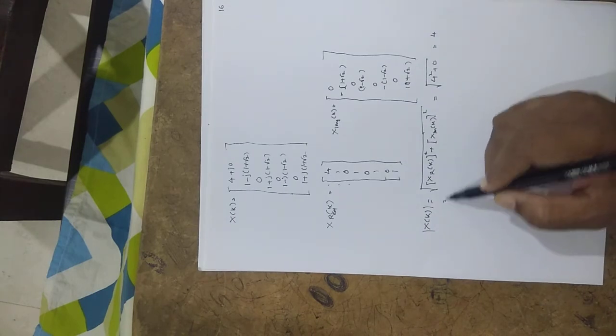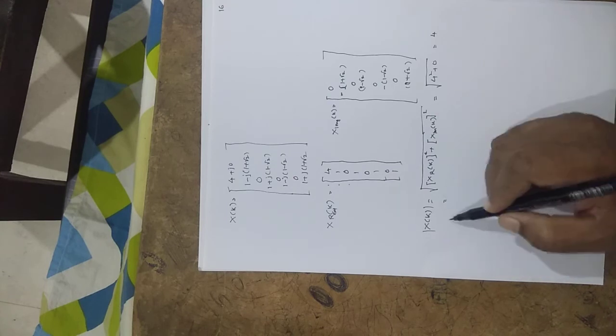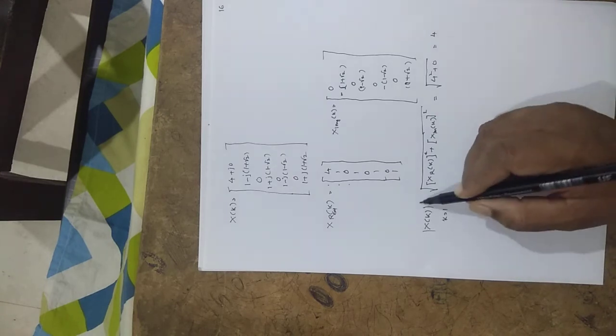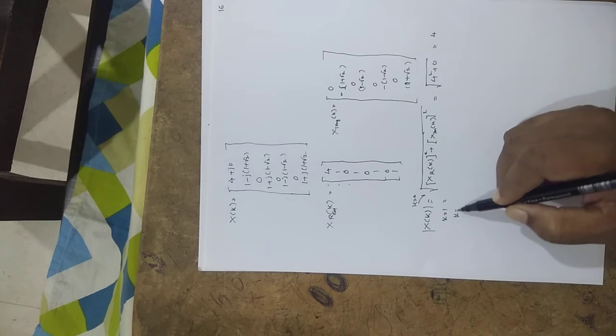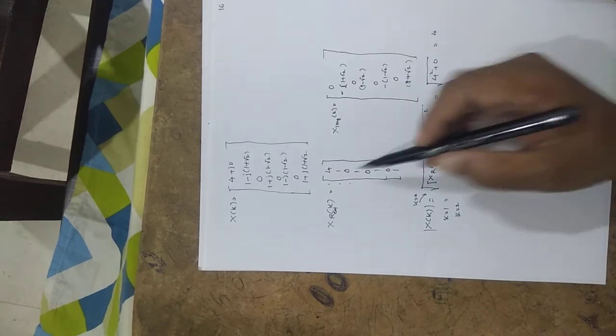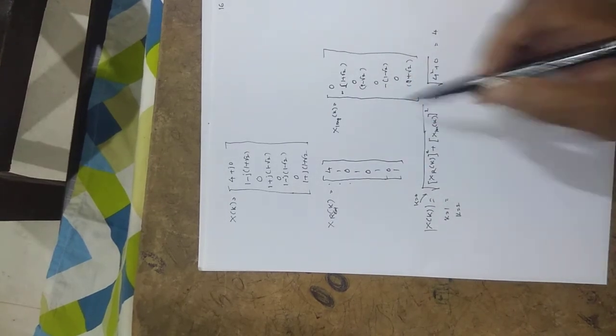Similarly, find the other values for k equal to 1. This is for k equal to 0, k equal to 1, k equal to 2. You take the respective values and square them.